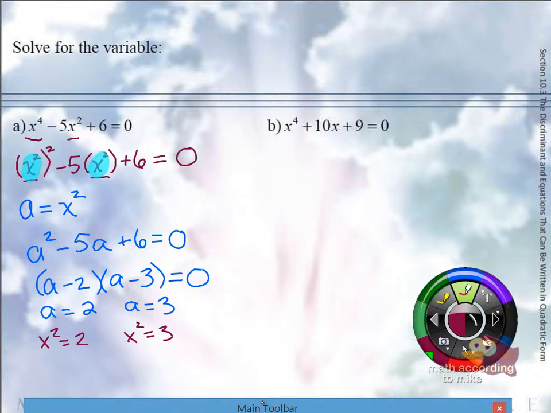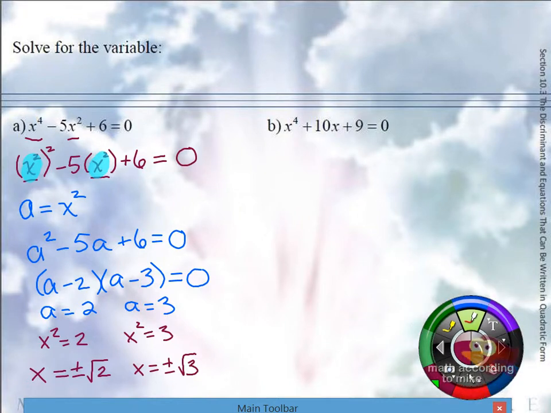Well, if x squared equals 2, what does x equal? Plus or minus the square root of 2. If x squared equals 3, what does x equal? Plus or minus square root of 3.